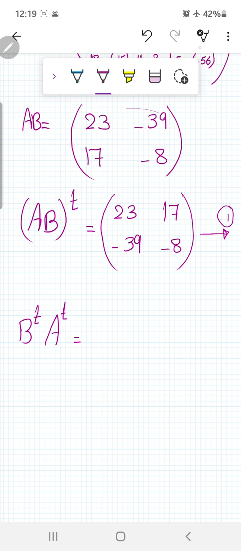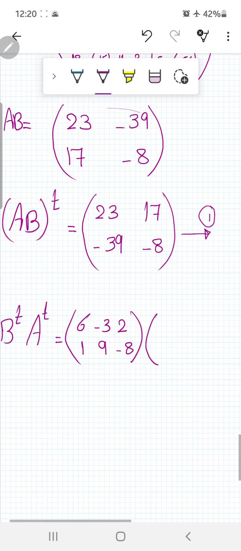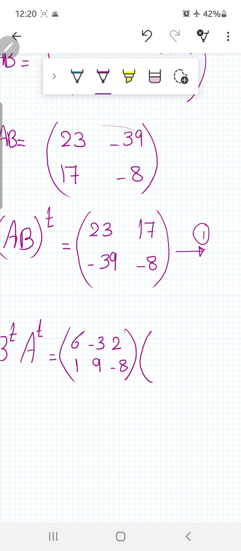So B transpose will be [6, negative 3, 2; 1, 9, negative 8]. A transpose will be [2, 3; negative 1, 5; 4, 7]. To multiply, check the order. Here it will be 2 times 3, and here 3 times 2.